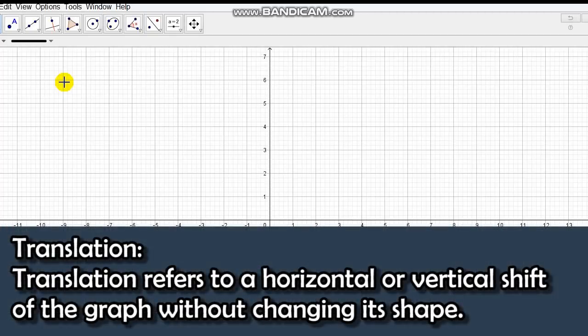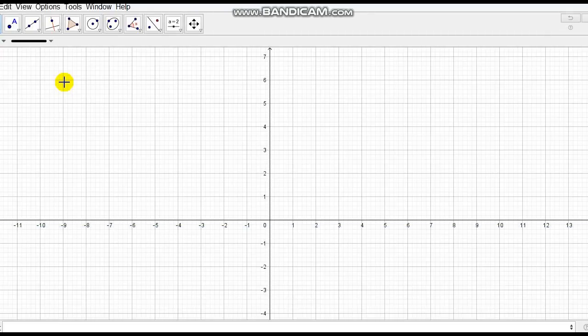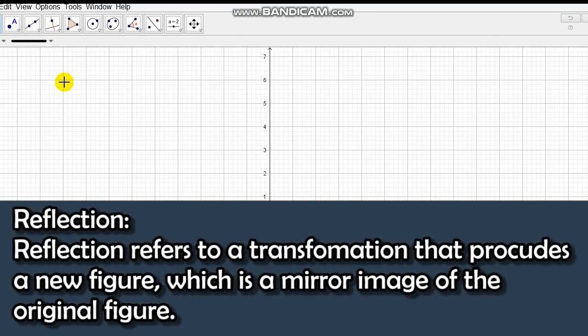Translation refers to the horizontal or vertical shift of the graph without changing its shape, while reflection refers to the transformation that produces a new figure, which is a mirror image of the original figure.